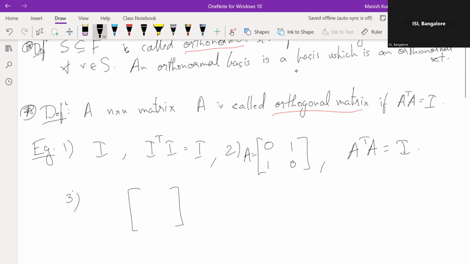Maybe -1. That may work. But nothing else will, whether over real numbers or complex numbers, because you want A transpose A to be identity. Whatever entry you put, its square must be 1. So there are two solutions, 1 and -1.